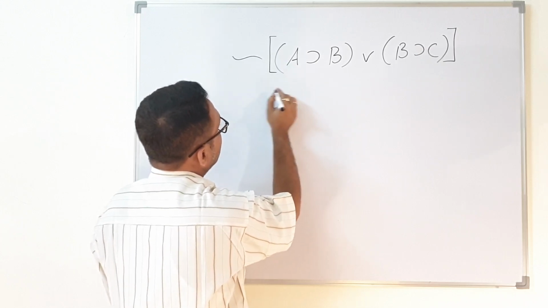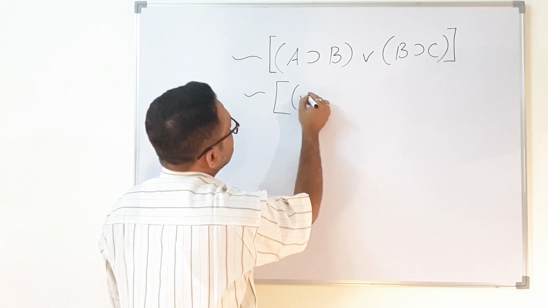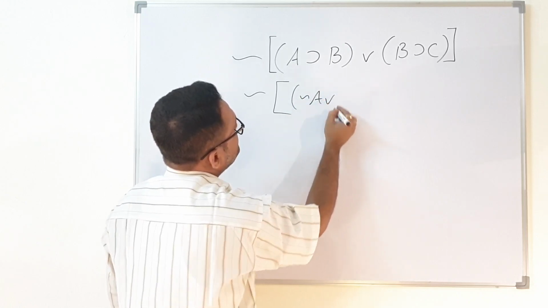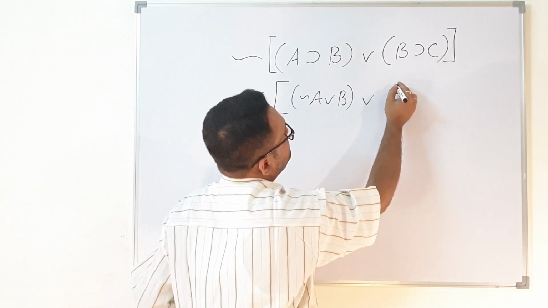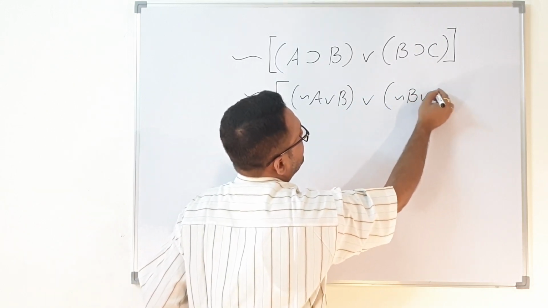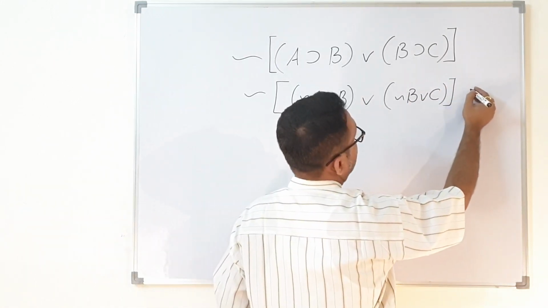So in the next step, what I can do is put the negation outside only, and I will write it as negation of A wedge B wedge, negation of B wedge C. Fine. I am using material implication.